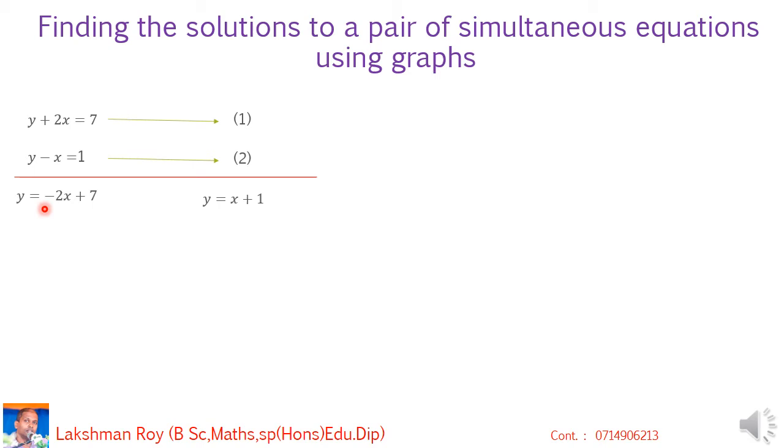So the reason is, now you can see here y equal minus 2x plus 7. So you can remember, this is the type of straight line, right. So remember y equal mx plus c type. That is the general form of equation of a straight line, right. So this one is also y equal mx plus c type, right? So that's why I make it in this way.